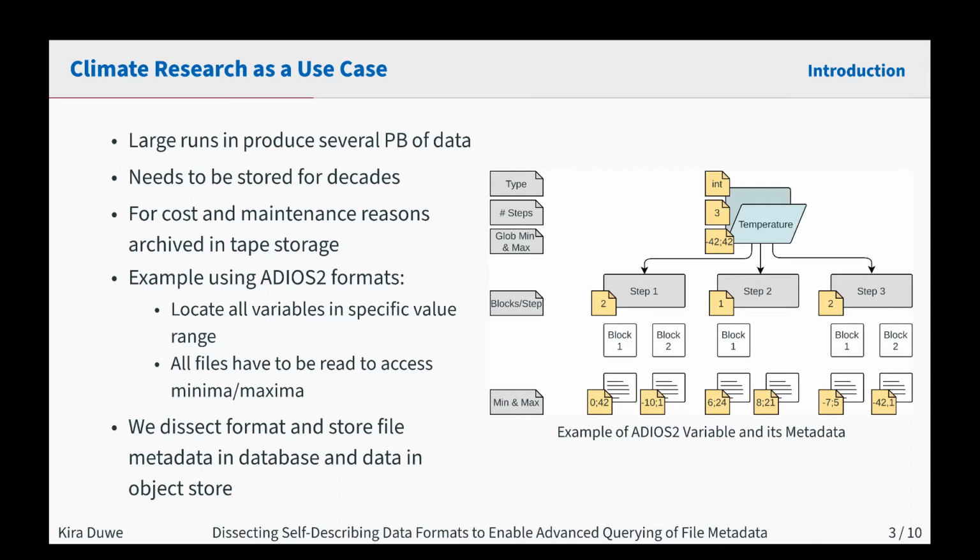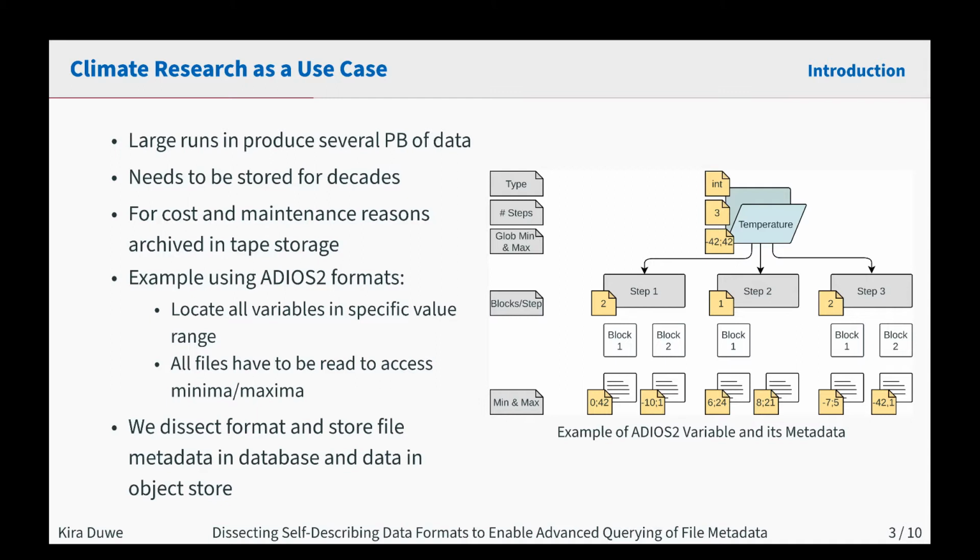Let's take a look at the following example of an ADIOS2 variable. The variable has several time steps with one block per MPI process. ADIOS2 automatically determines and stores the minima and maxima of every block, of every step, for all variables. If you want to locate all blocks within a specific value range, all files have to be read because the file metadata is stored inside the file itself.